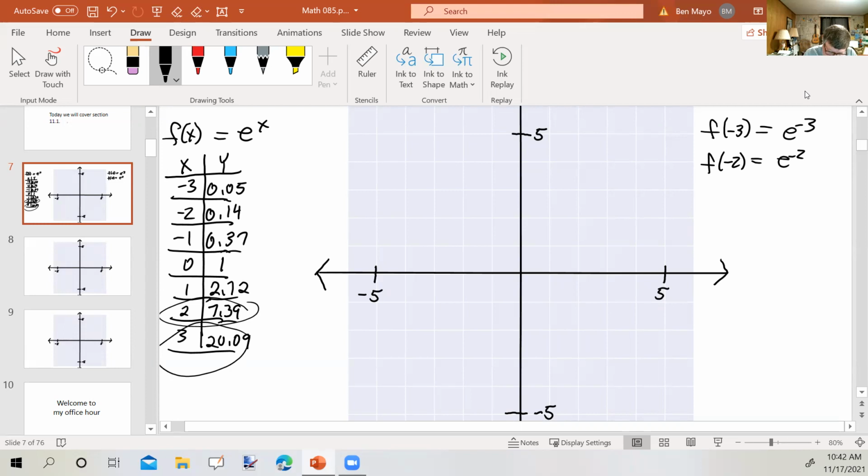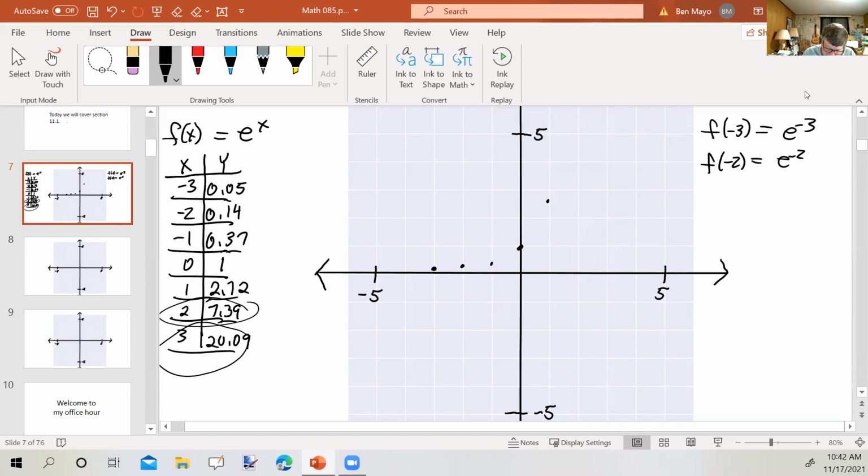When x is -3, y is 0.05, so that's right about there. When x is -2, we're at 0.14, so that's up a little further. When x is -1, we're at 0.37. When x is 0, y is 1. When x is 1, y is 2.72.